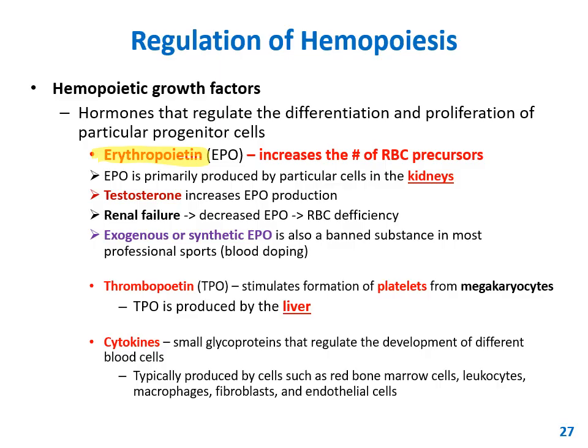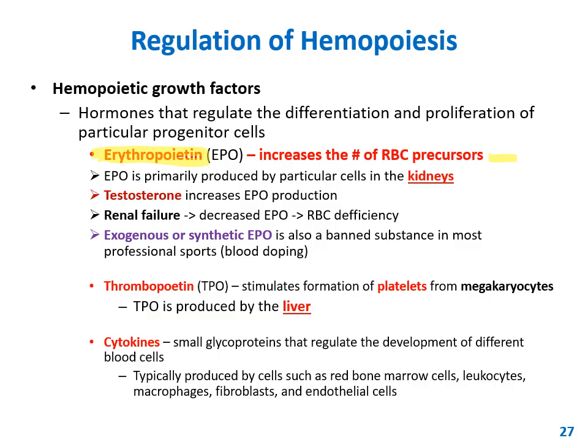Now, males have a bit higher level of this hormone than females. So you can assume, obviously, they're going to have a little bit more red blood cells than females do. Okay, you're going to see why. Erythropoietin increases the production of your red blood cells.